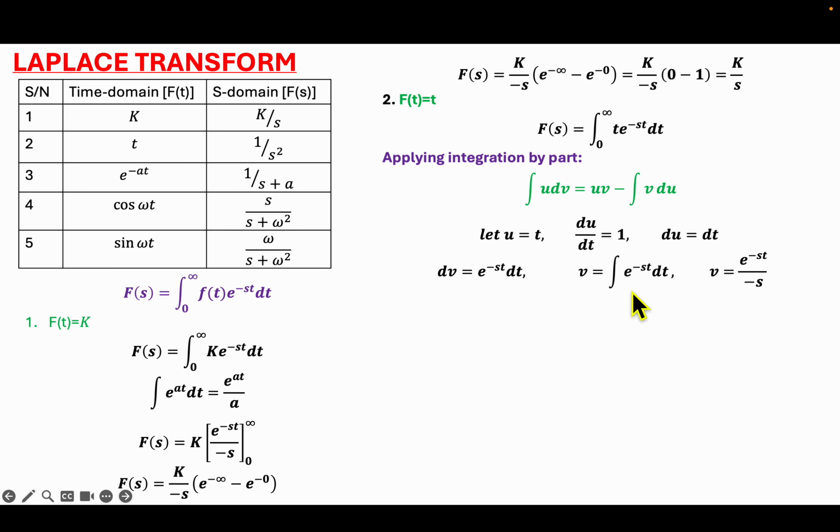So integrating both sides, I will have this relationship, which will end up with this integration, exponential of minus st over minus s. So applying these two lines into my integration by parts, I will end up with this relationship, which will give me f of s from here, as you can see. So you can see I have this part which is already integrated, so I have to integrate the second part.